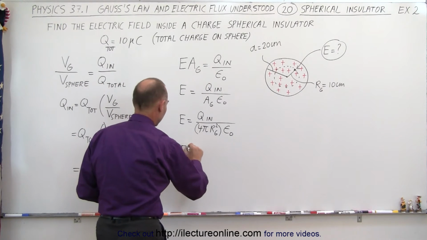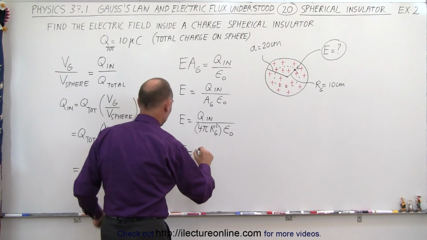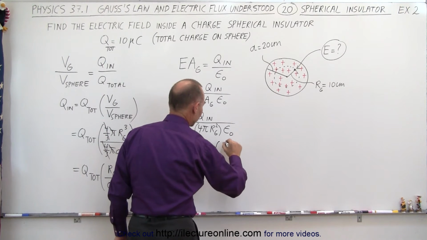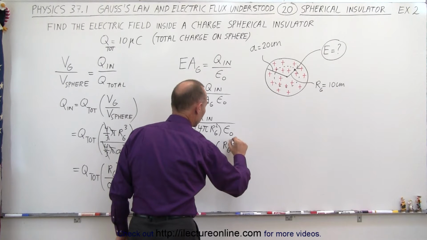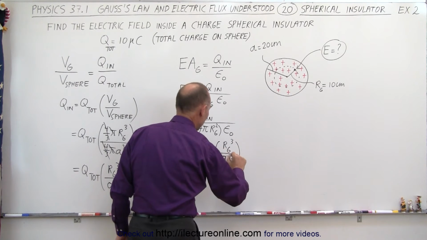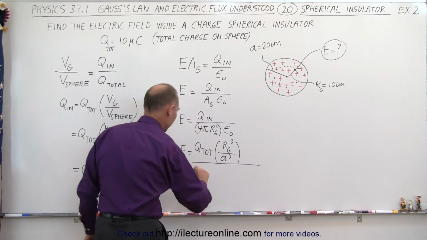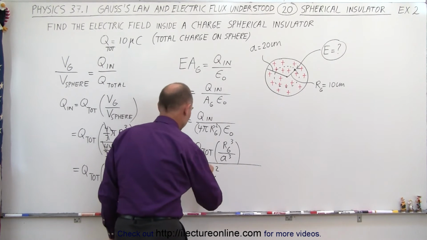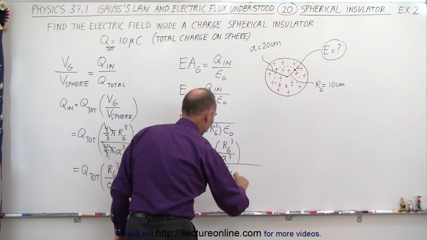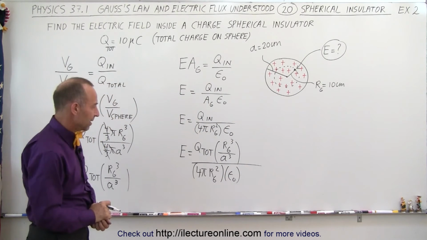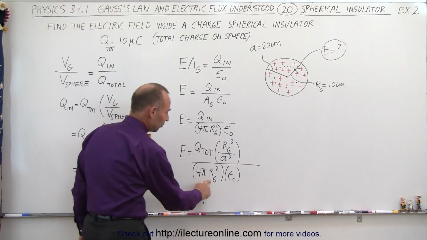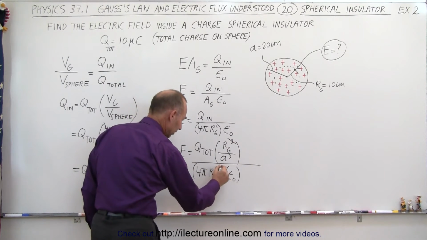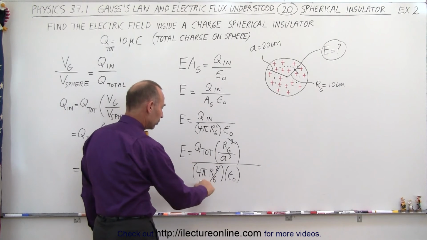Okay, so now we're ready to plug that in. The electric field is equal to Q total times the ratio of r sub g cubed divided by a cubed, and the whole thing divided by 4 pi r sub g squared times epsilon sub naught. What we can do is, with an r sub g squared in the denominator and r sub g cubed in the numerator, these cancel out, leaving one r sub g, and a cubed goes to the bottom.